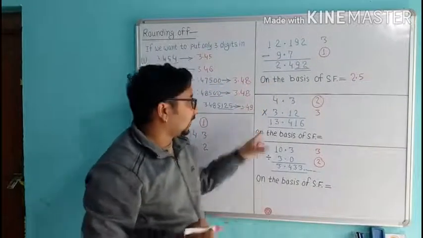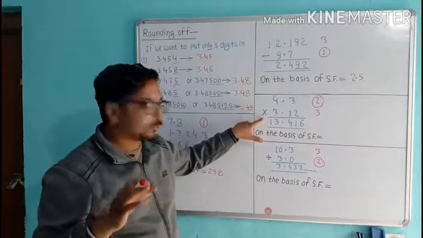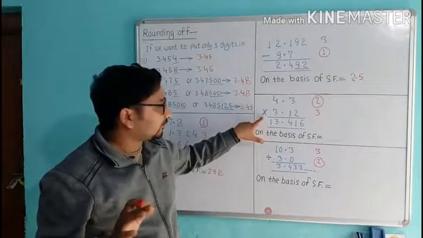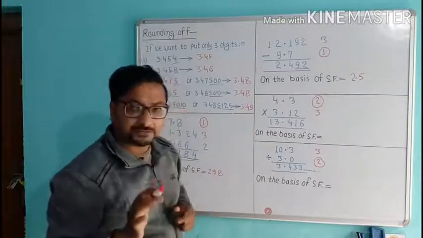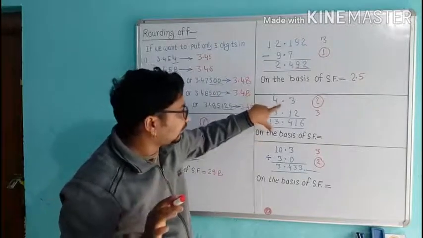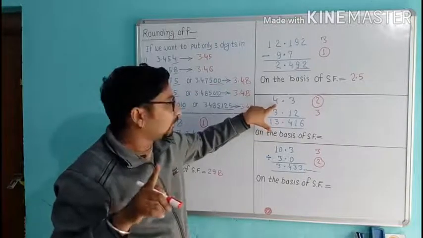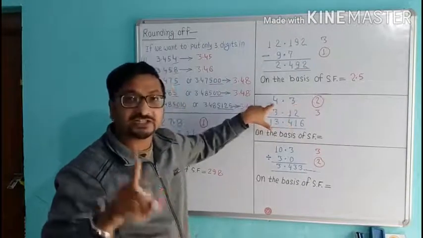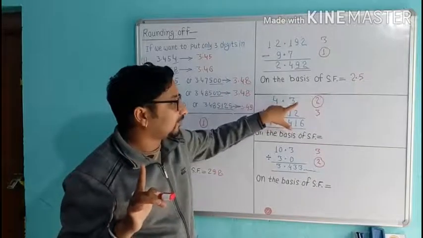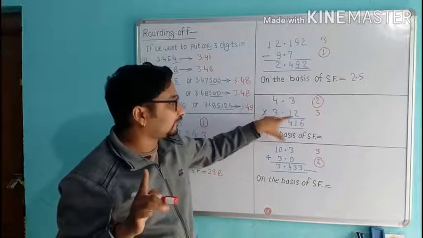Now in multiplication, we will follow different rules. Here we get a different method. Now 4.3. Here we count total significant figures. 4 and 3. There are two significant figures, and it is multiplied by 3.12.